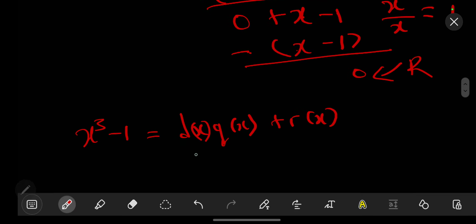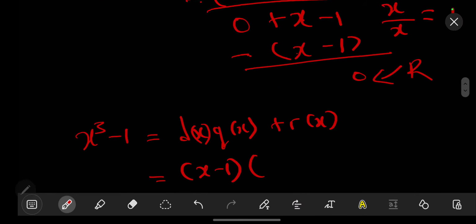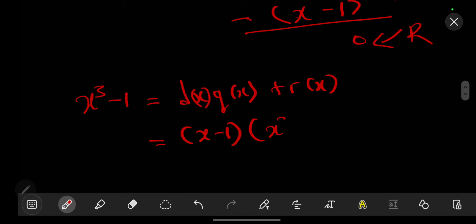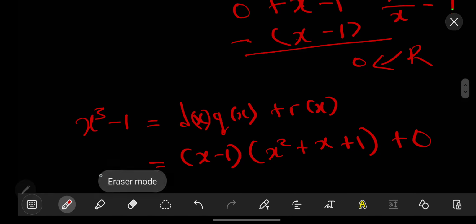The divisor, the one that was dividing, was our x minus 1. The quotient, which is the outcome, we have x squared plus x plus 1, plus our remainder, which is a 0. Now if the remainder is 0, we can just leave it at that without even writing it. So we have our x cubed minus 1.